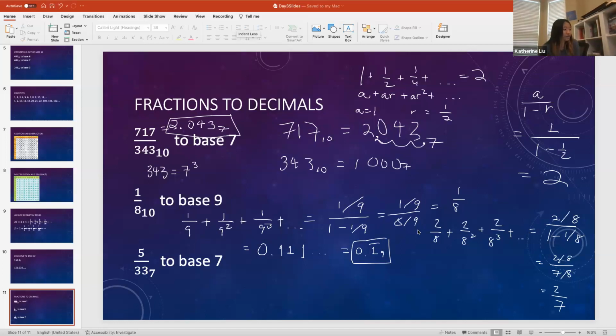Okay, and now for the last question. So in base 10, we have that repeating thing, right? Something you might notice is if you convert the repeating thing, for example, 0.2 repeating, and this is base 10, to a fraction, it's going to end up as 2/9.